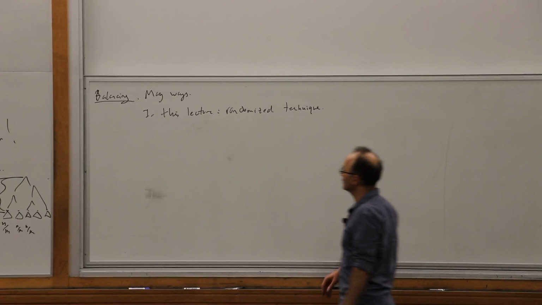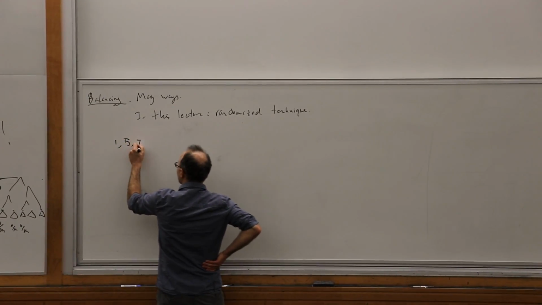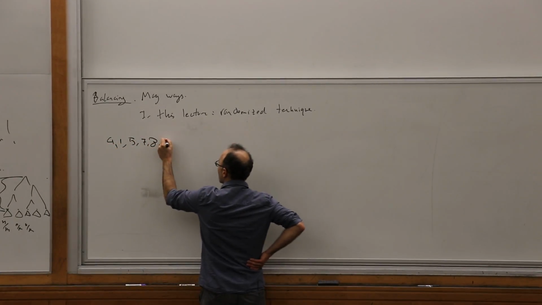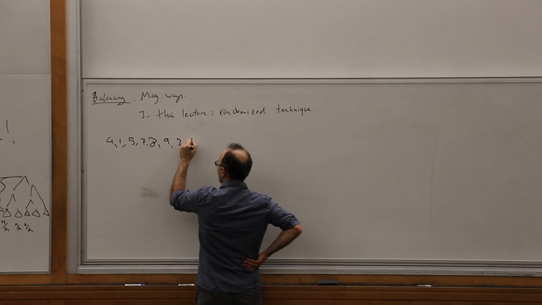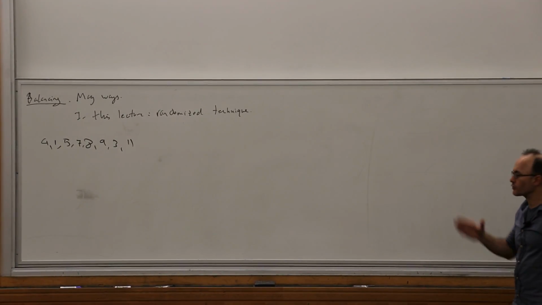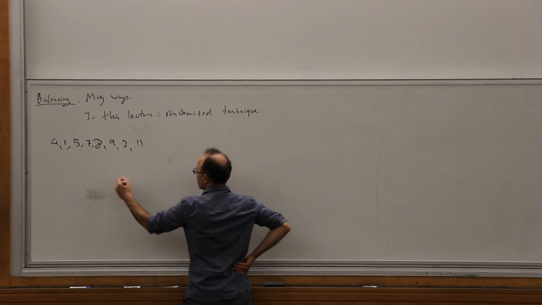Suppose I've given you a set of keys, like 1, 5, 7, 8, maybe 4, 9, 3, 11. Now let's insert these into a binary search tree beginning with an empty tree. Initially I have my 4.